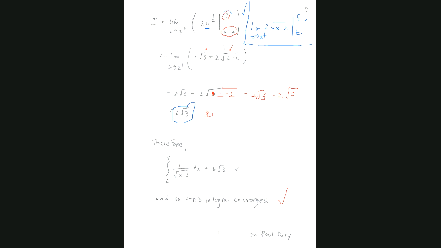Kahindi's asking why did you plug 2 in? Because we're not allowing t to actually equal 2, because then the integrand in the problem, the 1 over the square root of x minus 2, would be undefined at x equals 2. That's true, but remember what we're doing here is we're taking a limit. And since the limit exists, it's okay to put the 2 in there.